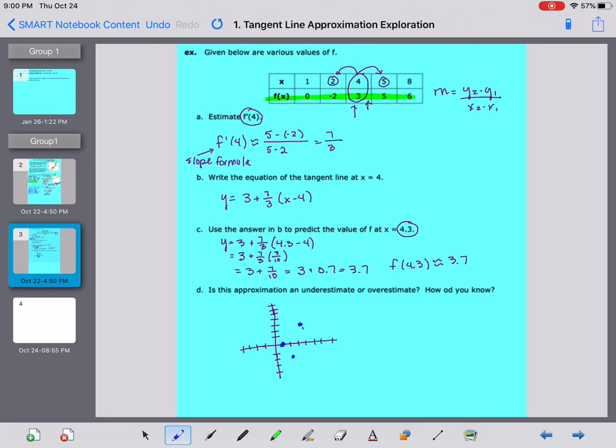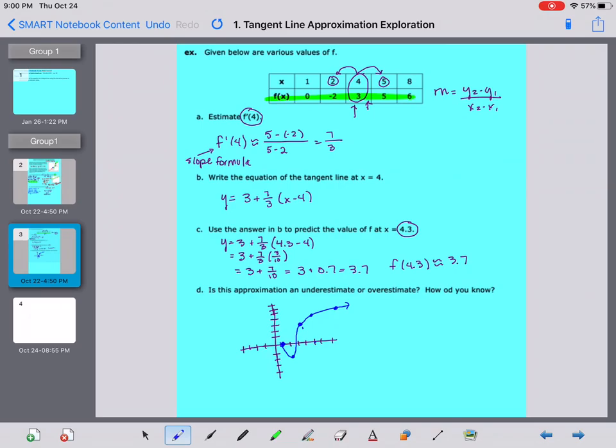At 5, 5. Sorry, this is just a sketch, so it's not going to be perfect. And at 8, 6. So our graph kind of goes down, comes up, and curves. So our graph is going to look like that according to our table.